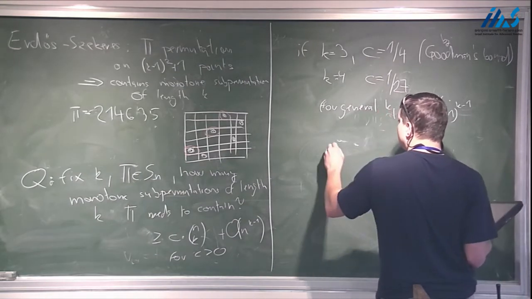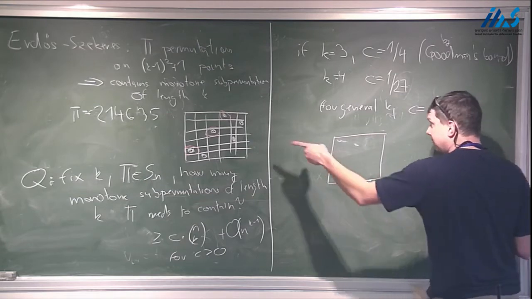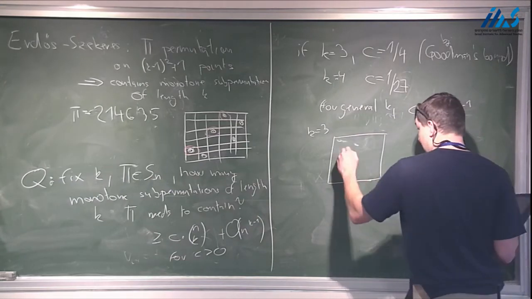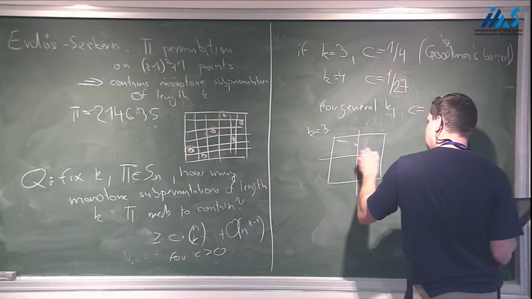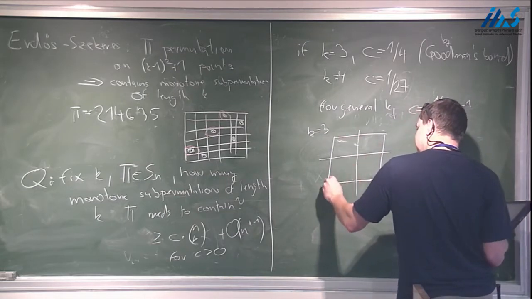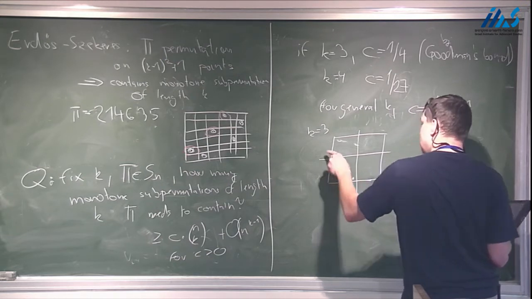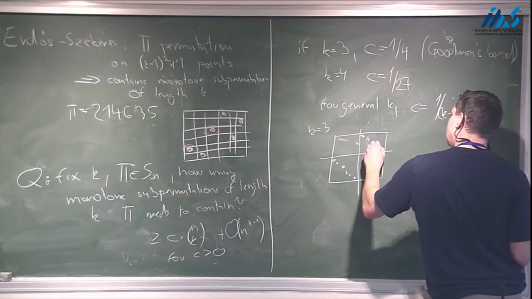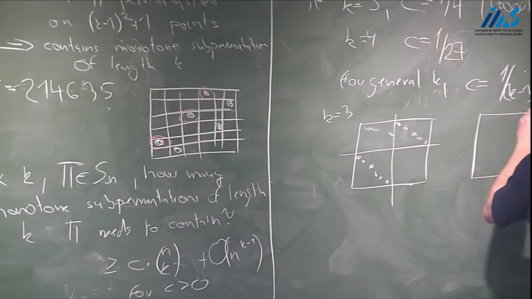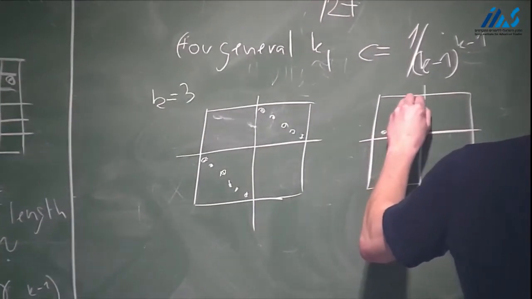And what should be the construction? What should be the extremal construction? Let's say that k is equal to 3, I split my square representing the permutation into k minus 1 parts, and inside this part I put a monotone decreasing permutation, and here I put a monotone decreasing permutation, or I can take the reverse.